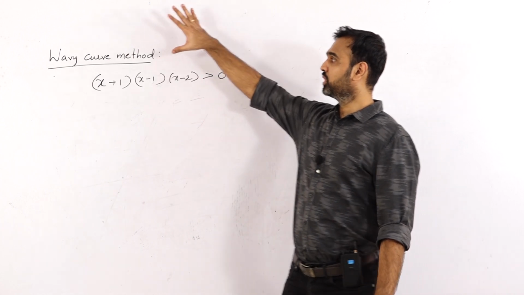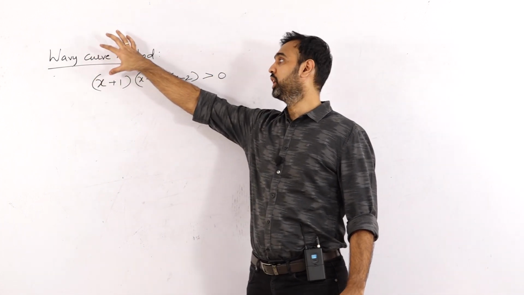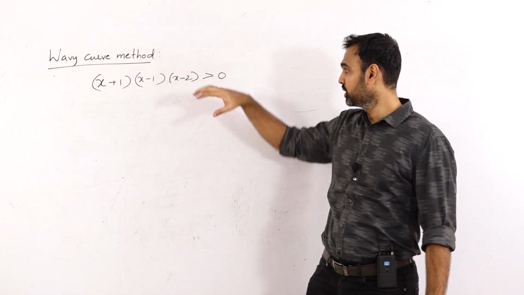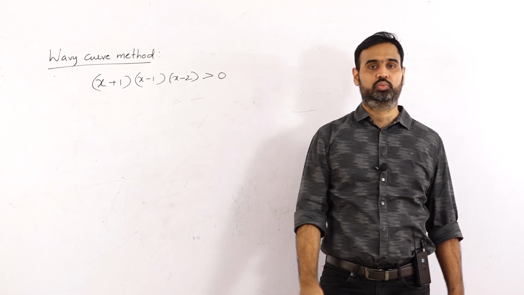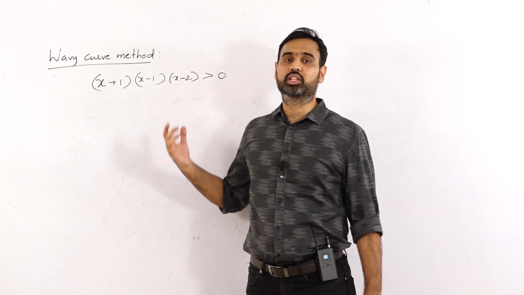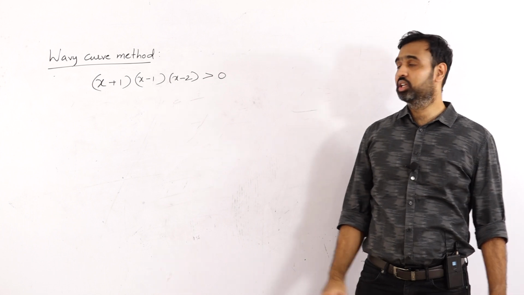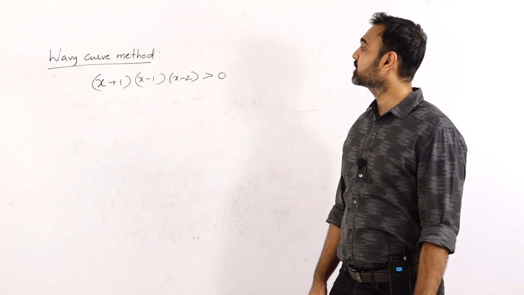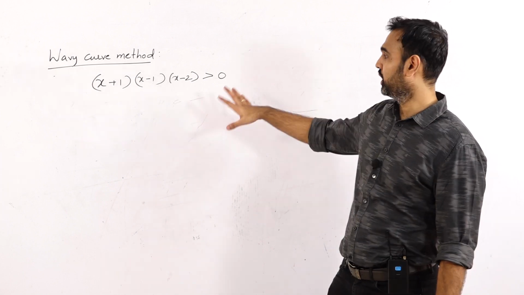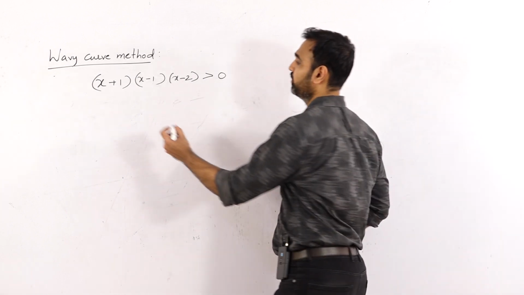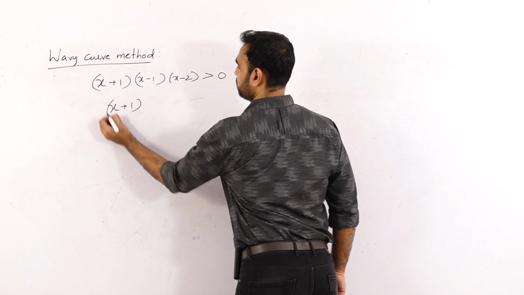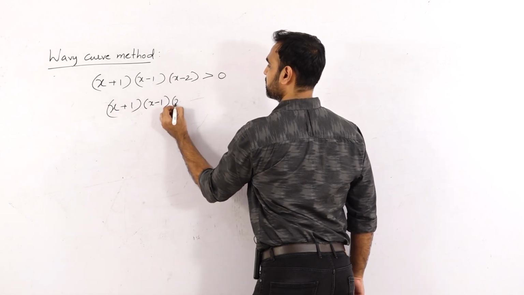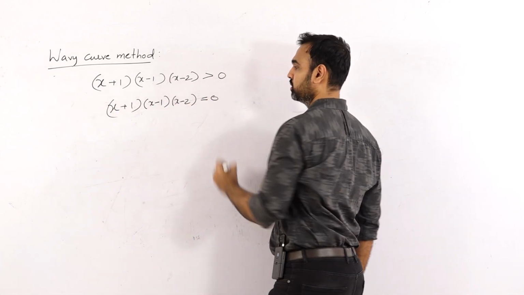This wavy curve method will help you determine the values of x where this inequality is true. Let us see how this method is applied. First of all, let us mark the roots. Let us find the roots of (x plus 1)(x minus 1)(x minus 2) by equating it to 0.